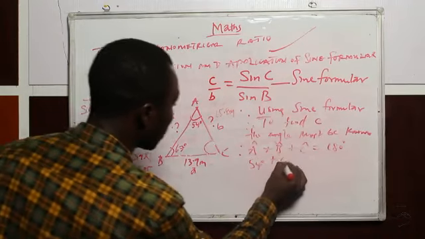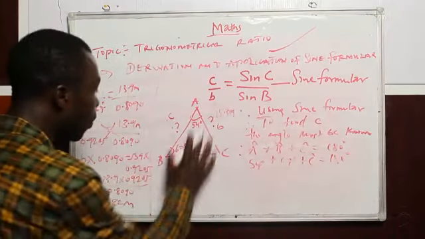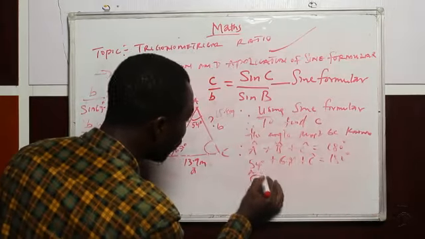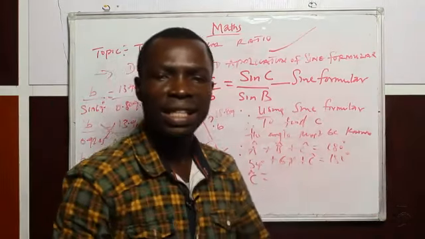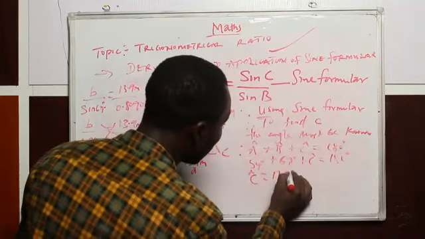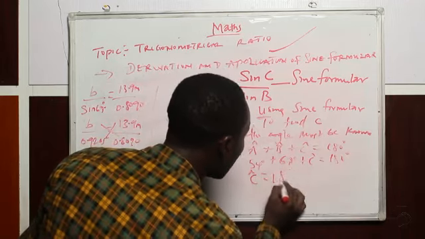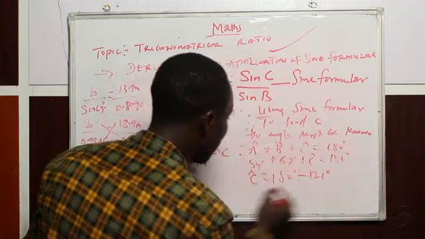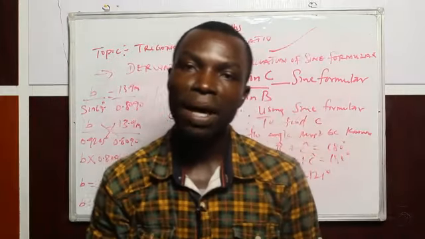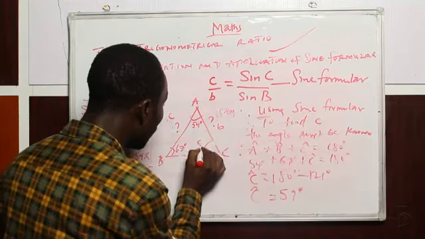What is B? 67 degrees. And C we don't know. Then angle C is equal to 180 degrees minus 54 degrees plus 67 degrees. 54 plus 67 gives us 121 degrees. So 180 minus 121 gives us 59 degrees. So the angle at C is 59 degrees.